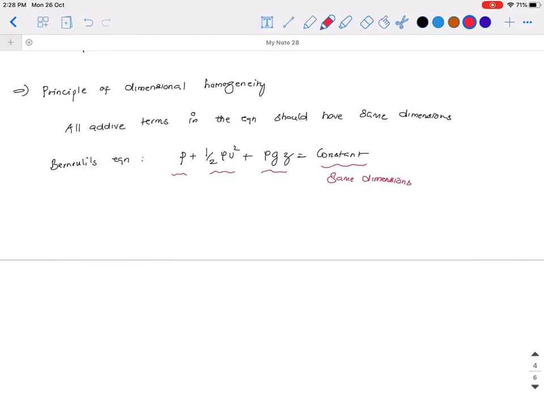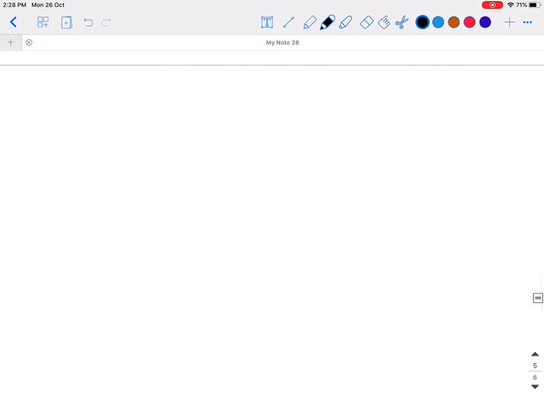Now we are going to introduce an important theorem based on which we will perform all non-dimensionalization. It is called the Buckingham Pi theorem.